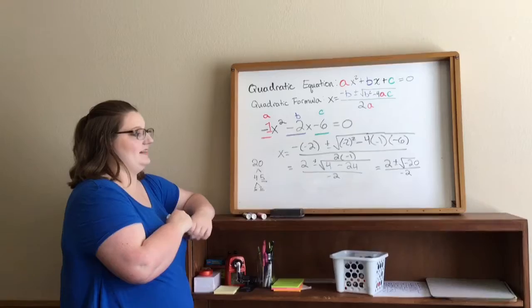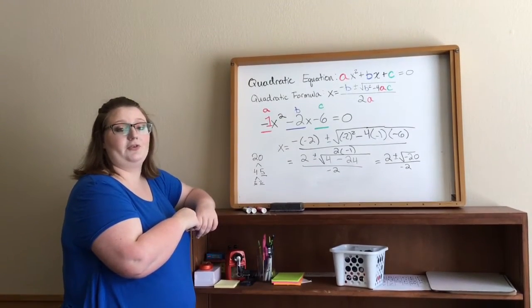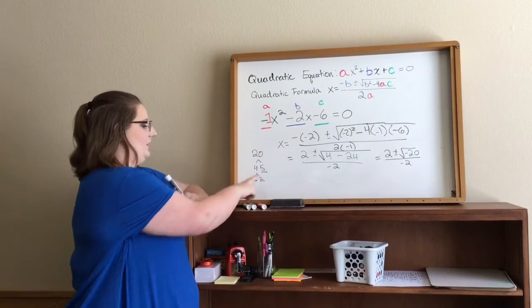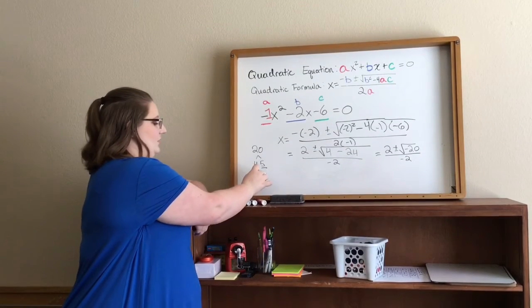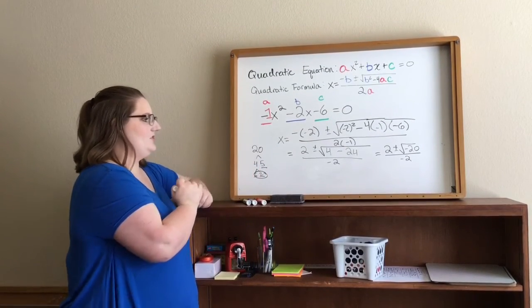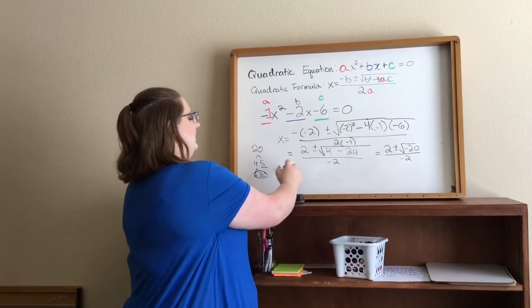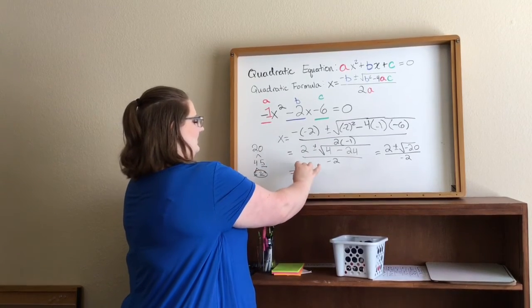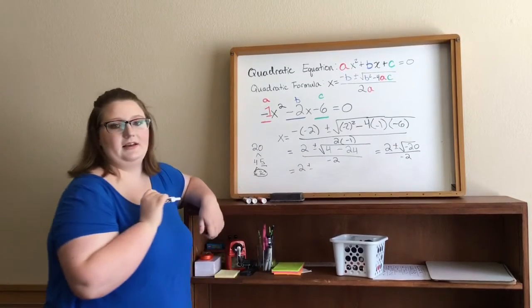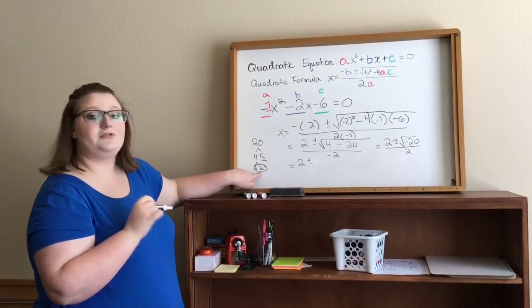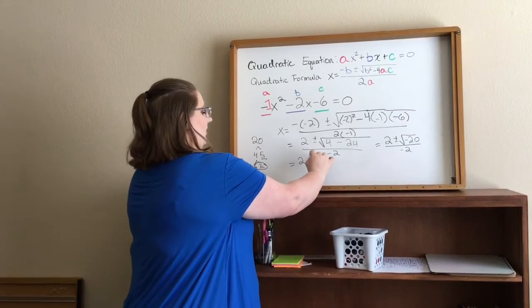Since we're trying to take the square root, we look for groups of 2 of the same number. In this factor tree, we have two 2's. So I'll circle those. When I rewrite this expression and simplify, I still have 2 plus or minus. I circled a group of 2's, so I'm going to bring a 2 out in front of the square root.